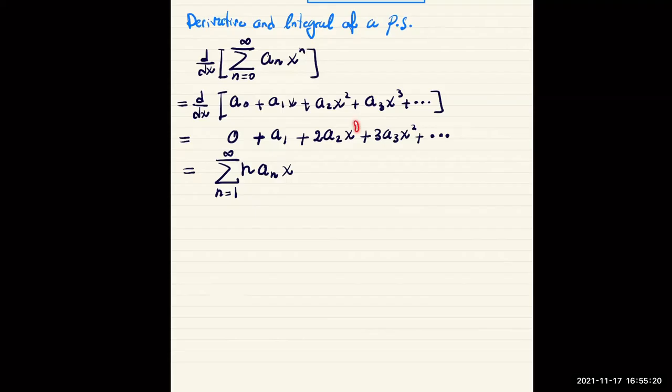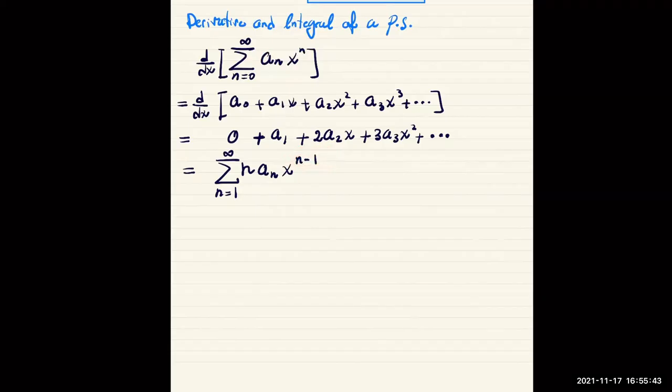This is power 1, this is power 2. Previously this was 3, it's 2 now. This was 2, it's 1. The power's gone down by 1, so you get n minus 1. Very simple. Just take the derivative of this: bring the n down, subtract 1.